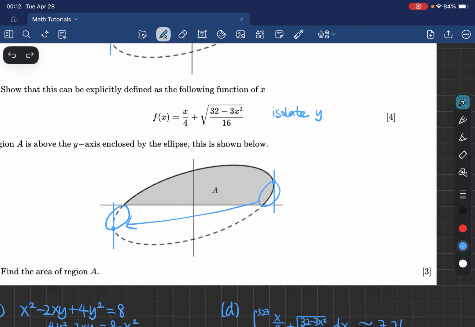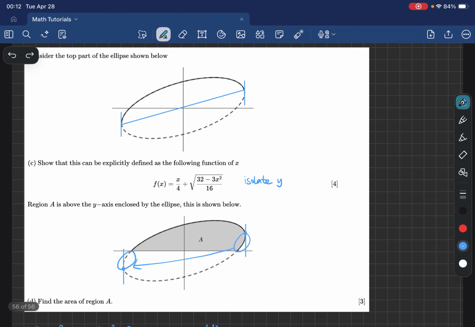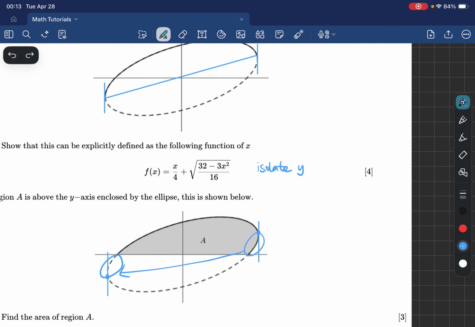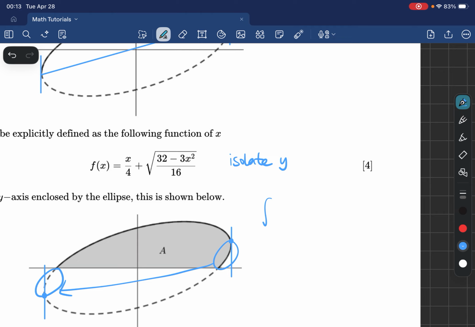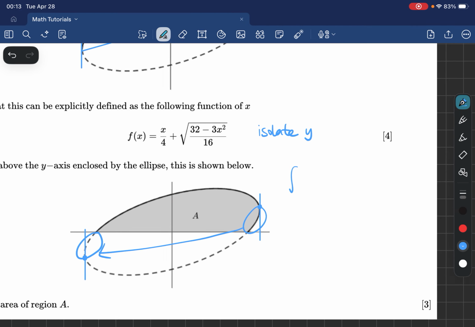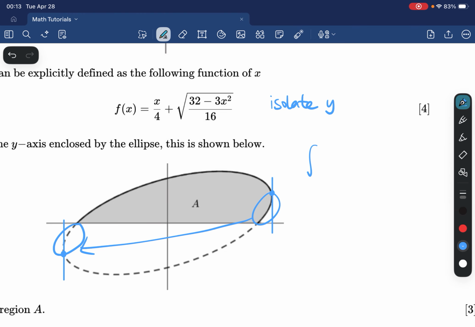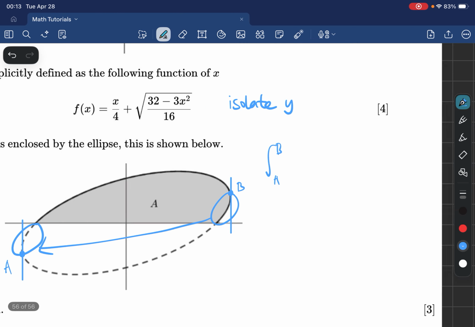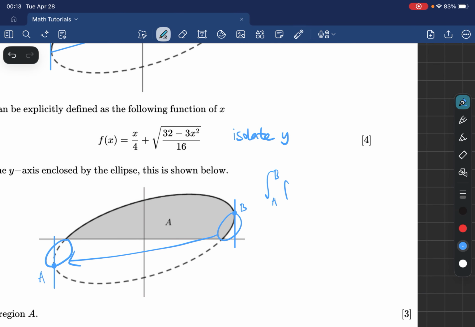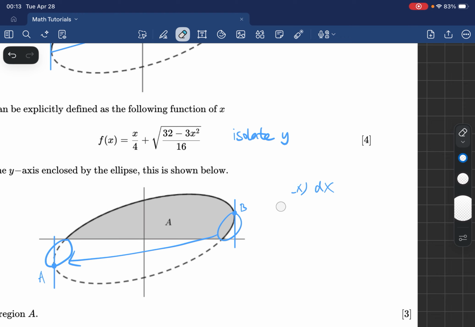So we're just moving things, we're not decreasing things, right? So now we can just write an integral. Since we have moved a part of the curve from here, let's call this A and this B, the integral from A to B of f of x dx. That's how we can solve it, using our calculator.